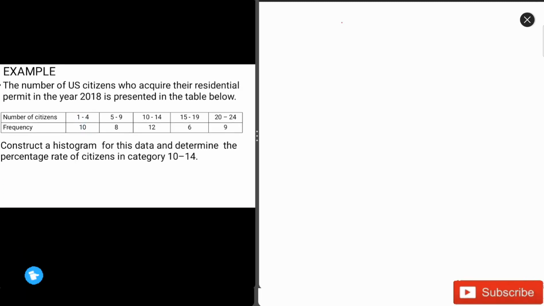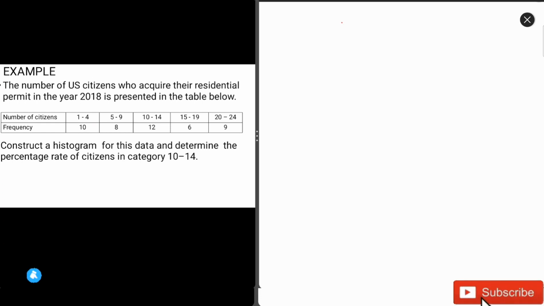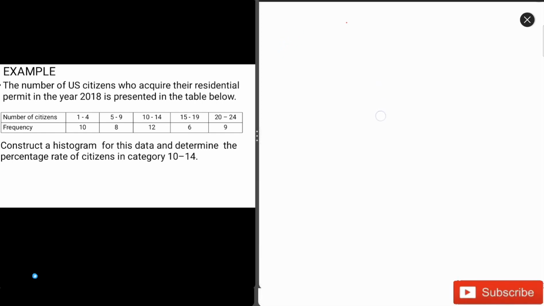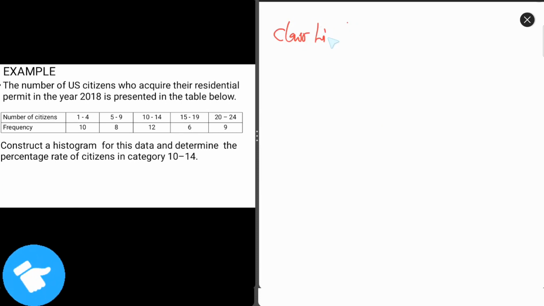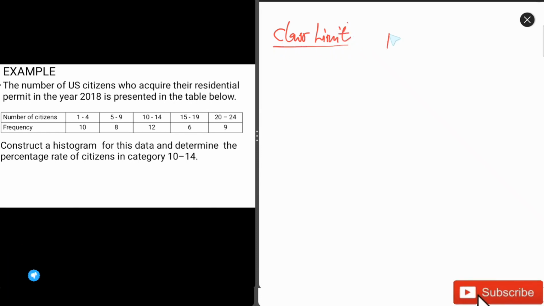So here we are asked to construct a histogram for this data, and then determine the percentage rate of citizens in category 10 to 14. Before you construct, you first need to have your tabular arrangement of the set of data that's been presented here as the number of US citizens who acquired their residential permits in the year 2018. So first of all, you're going to have your class limit, and then frequency.